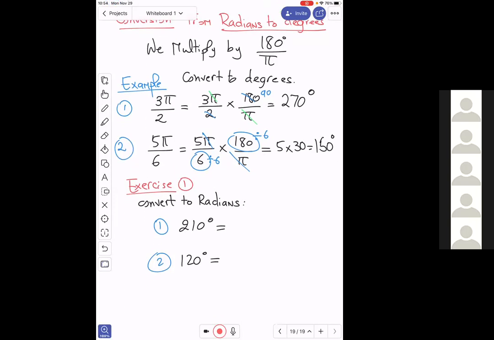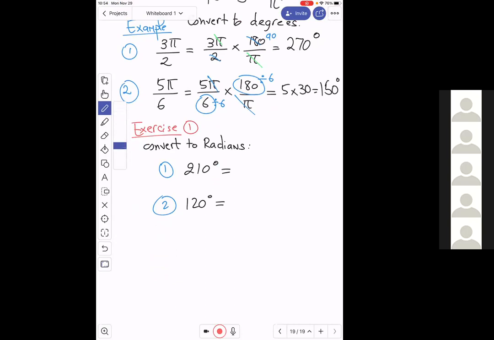Second exercise: let's convert now to degrees. Let's say you have 4 pi over 5, and then 2 pi over 3.